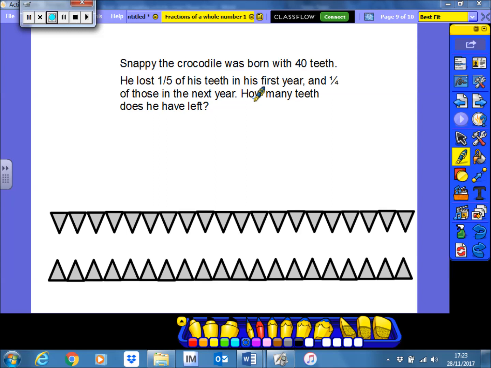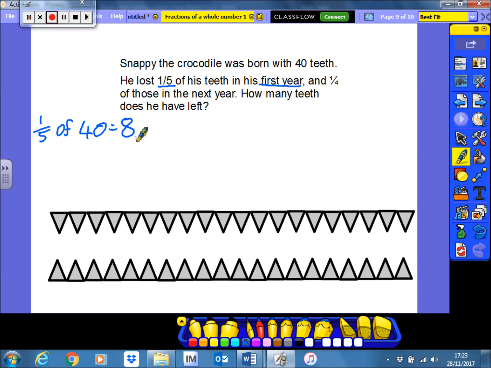We know he's got 40 teeth. But in his first year, he loses a fifth. So we're going to work out a fifth of 40 to start with. So, do our 5 times table up until we get to 40. 5, 10, 15, 20, 25, 30, 35, 40. That was 8. So in his first year of life, he lost a fifth of his teeth, which is 8 teeth.